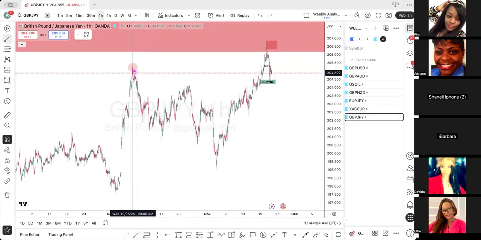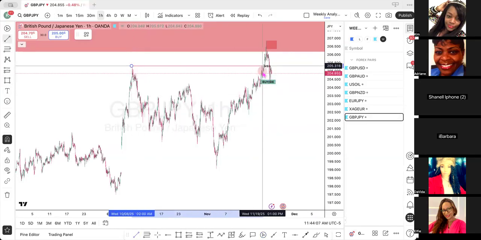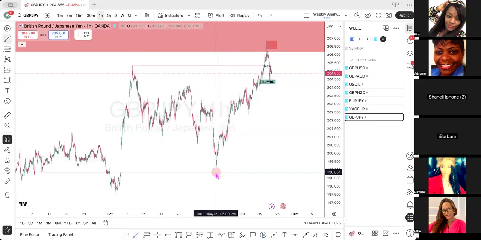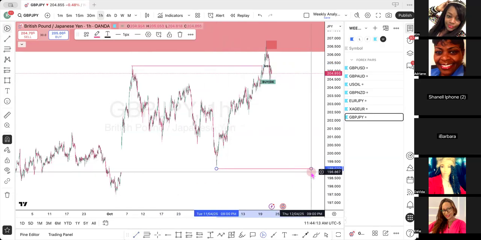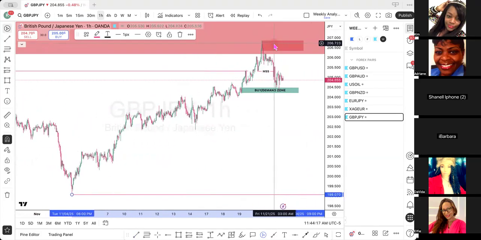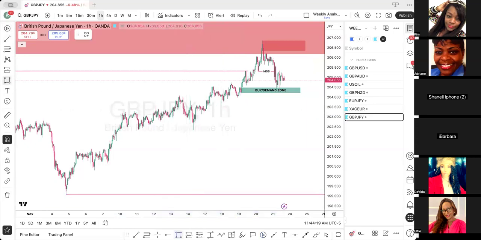We have this higher time frame break, which makes this my swing low. Of course, this is the swing high. And then we have several demand zones that I would be looking for price to sell back down to.